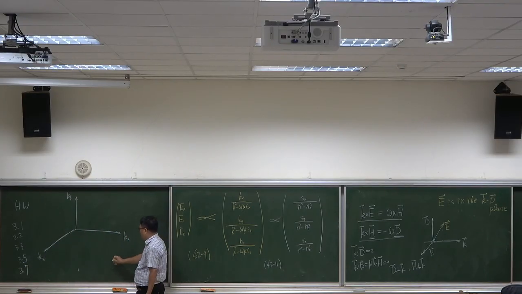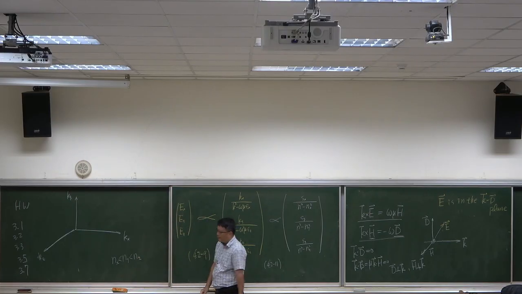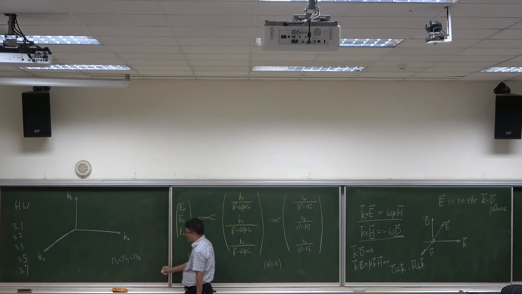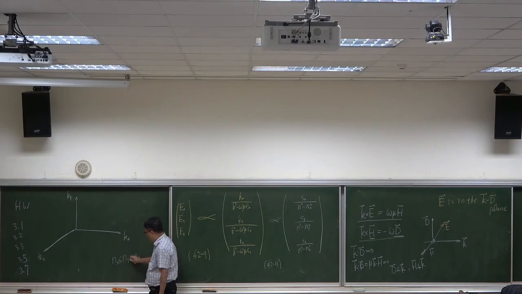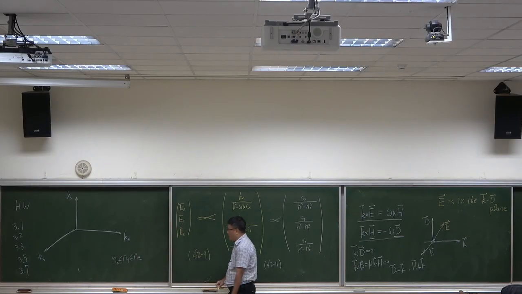Suppose the three principal refractive indices nx, ny, nz have this order. nx is smaller than ny is smaller than nz.